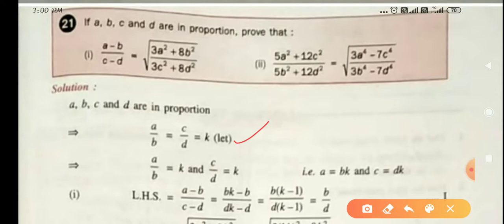You can find the value of A in terms of k, you can find the value of C in terms of k. So A upon B equals k, A equals bk, C upon D equals k, C equals dk. Now these values of A and C you can put one by one in LHS and RHS.